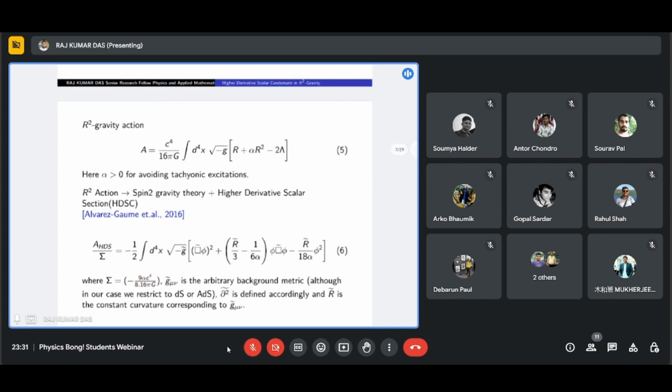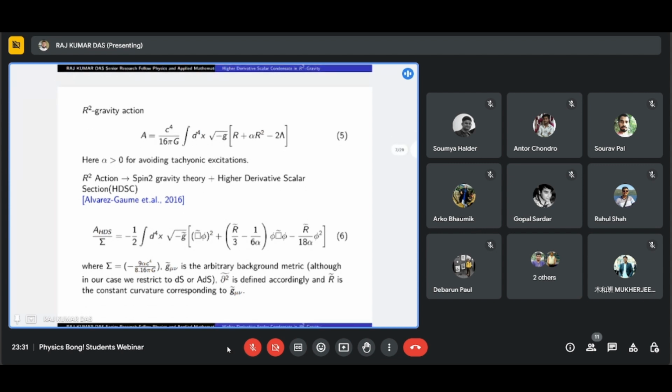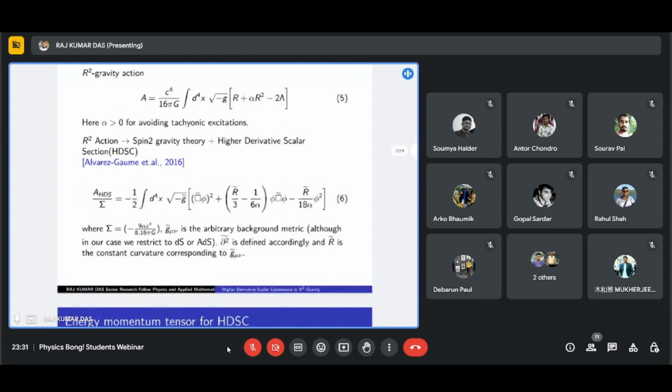Okay, so from this action, if you try to calculate the energy momentum, it's a basic prescription. For any Lagrangian, if you want to evaluate the energy momentum tensor, you vary it to get the Noether currents, and from the Noether currents you easily get the energy momentum tensor.